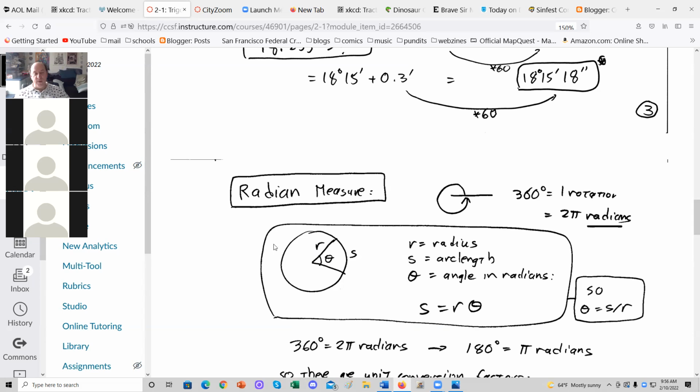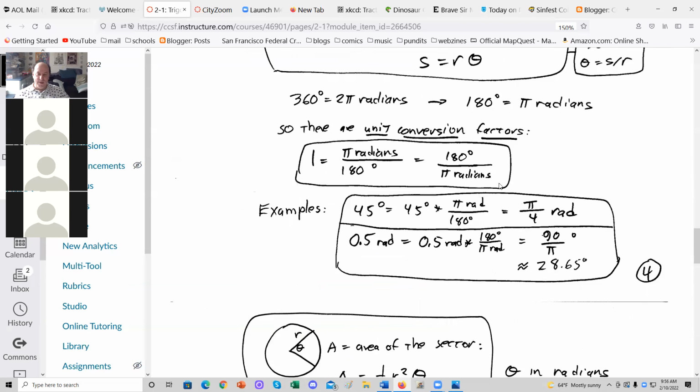Well, the circumference, the circular distance around a circle, is 2 times pi times r. So if you divide 2 pi r by r, you get 2 pi. And since one rotation is 360 degrees, that's why. Okay. Thank you. Thanks for asking.